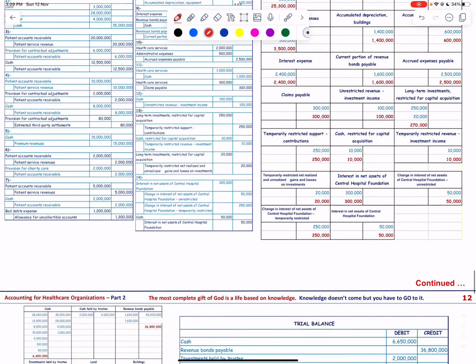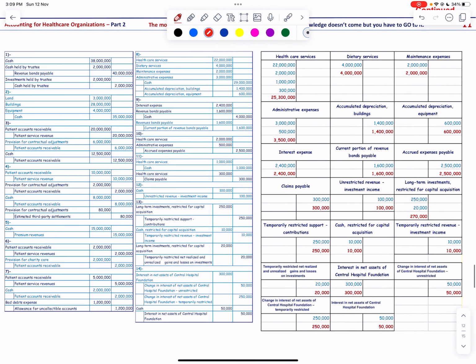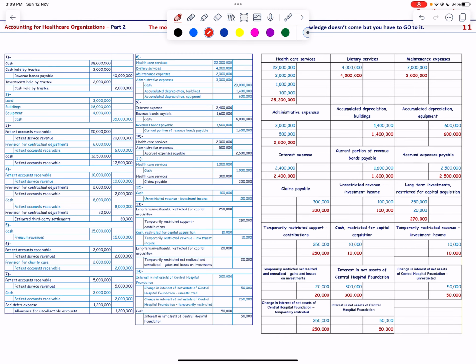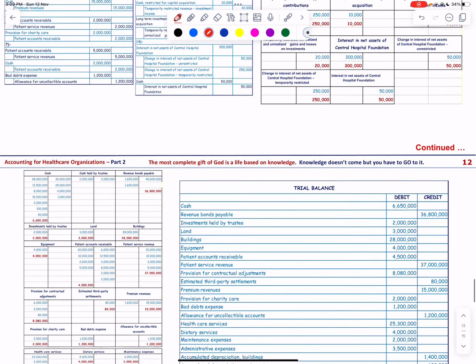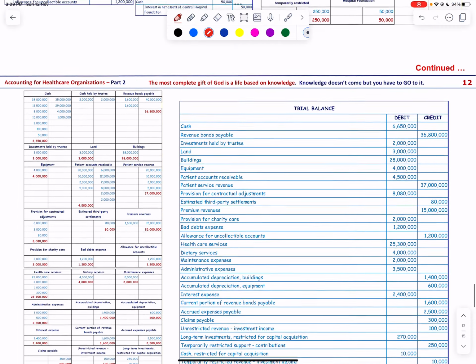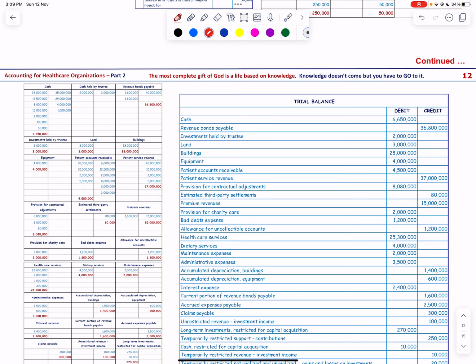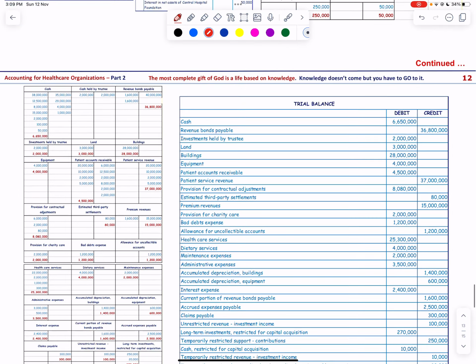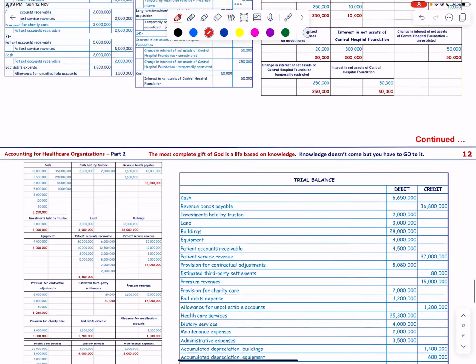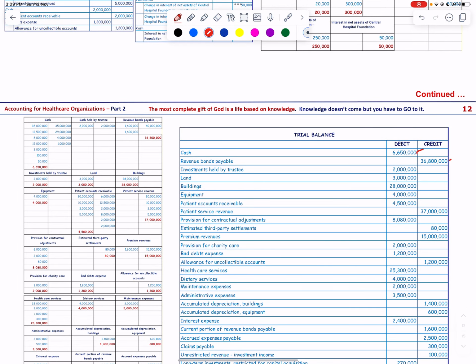But having said that, just to save time, I am not going to solve the T accounts at this level of your learning. Once we have done the T accounts, we are going to prepare the trial balance.